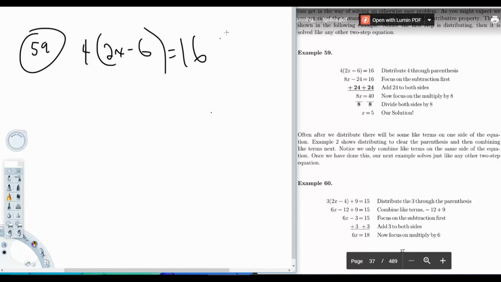Now, if you remember from the previous lessons, first you do, what is it? Parentheses, exponents, multiplication and division, addition and subtraction, right? So we see the parentheses here. We want to do this right now, right?